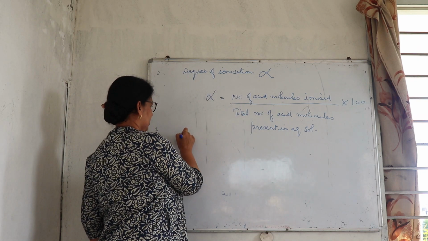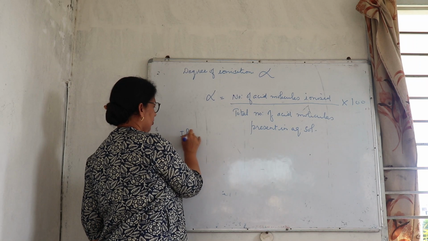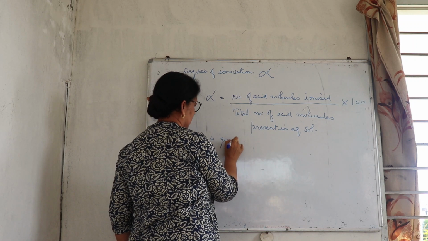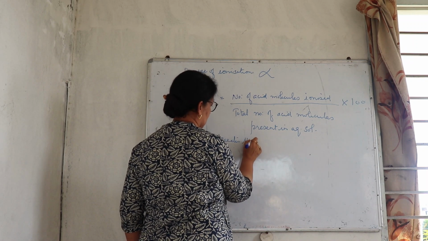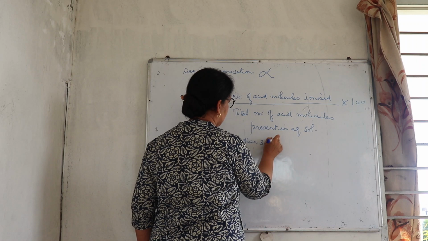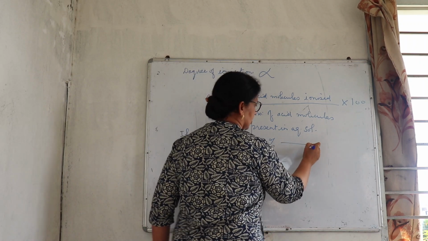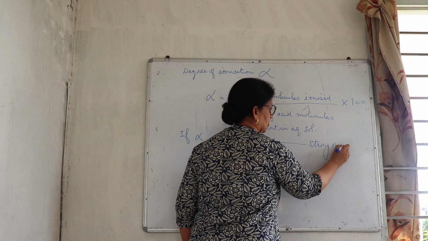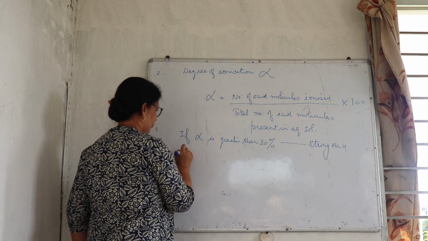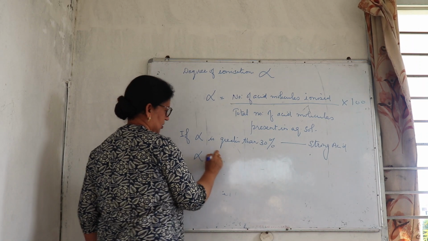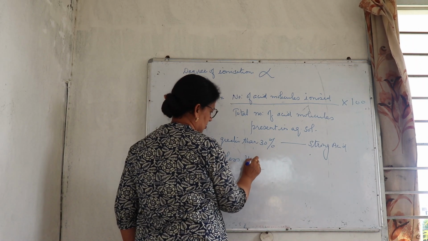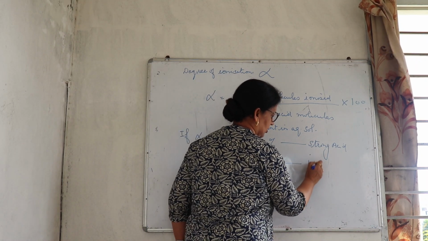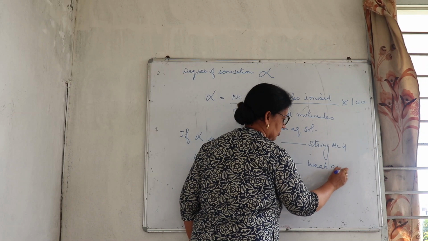Now, how can we decide? If the value of alpha is greater than 30%, that acid is strong. If alpha is less than 30%, then that acid is called a weak acid.